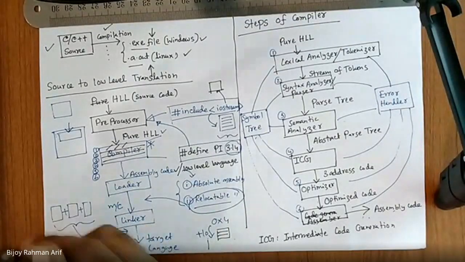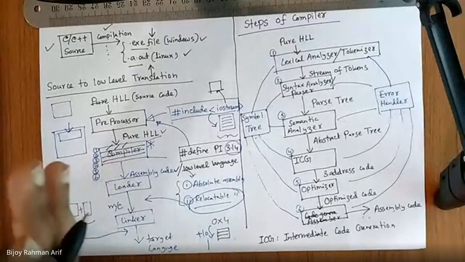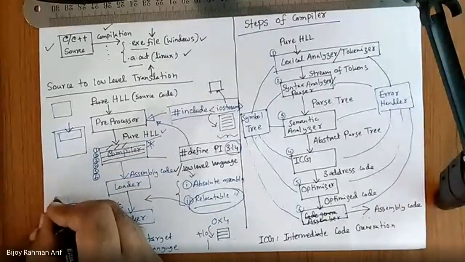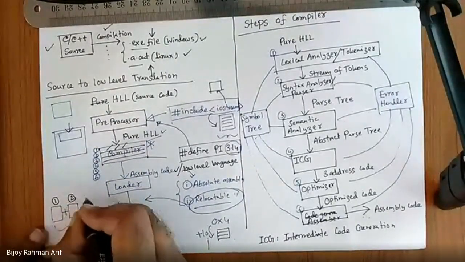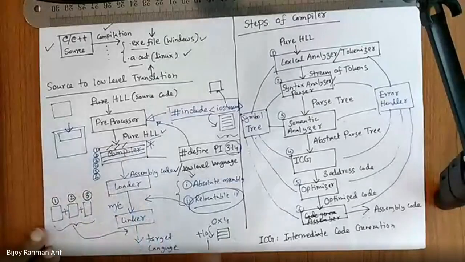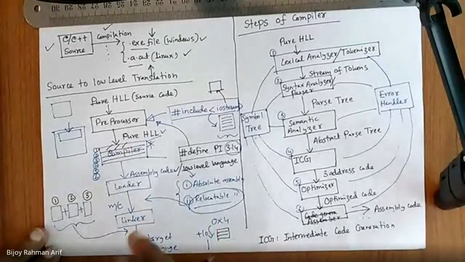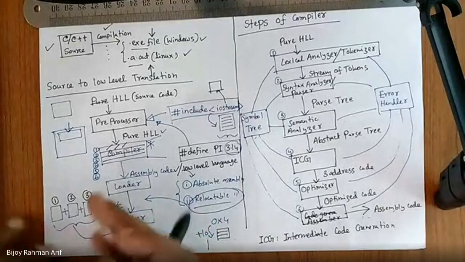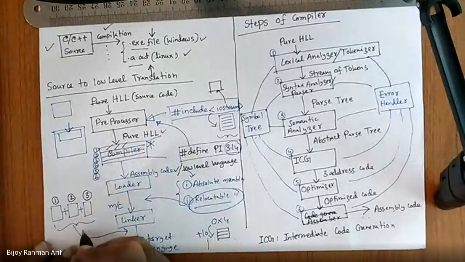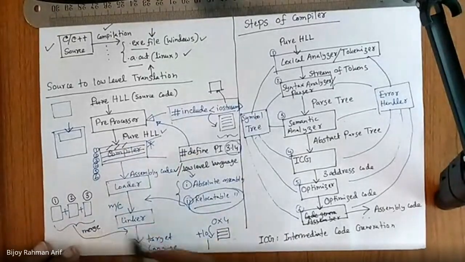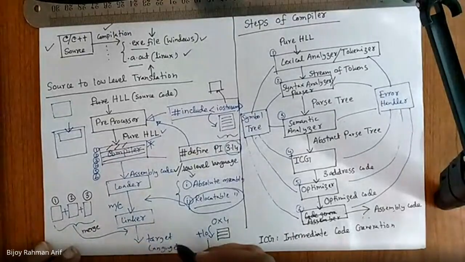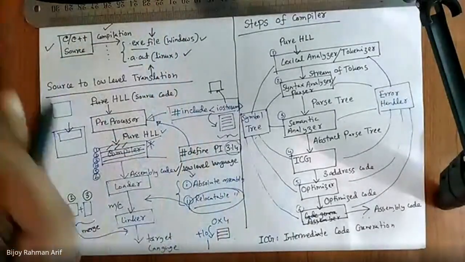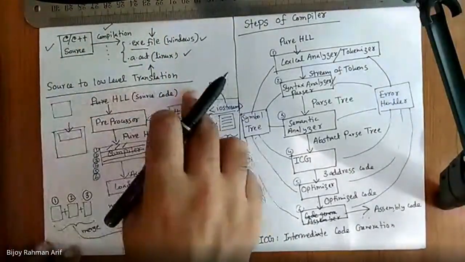It might happen that we have a lot of separate files for our code, like 1, 2, and 3. Together they constitute the whole code. So it is the task of the linker to join and merge all 3 files and create the target language. So these are the steps followed for source to low level translation.